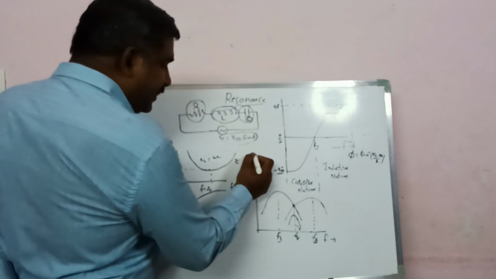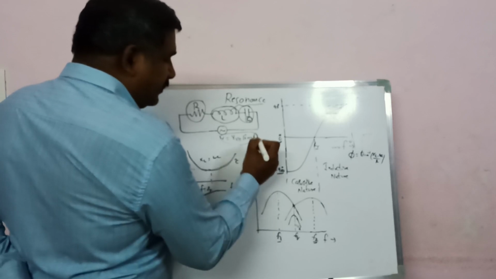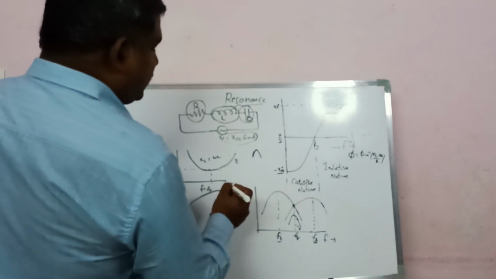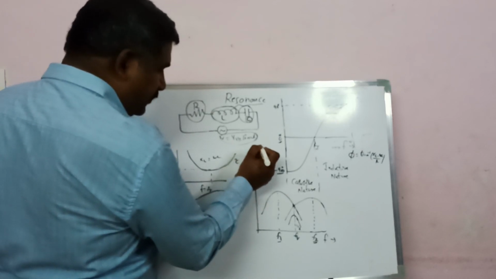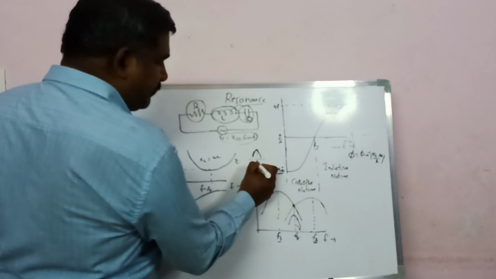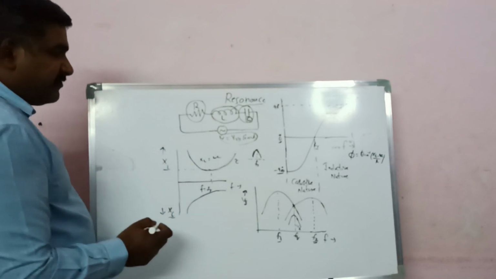that is the selectivity. Selectivity plays a vital role in resonance. This is otherwise called sharpness. So this is my sharp frequency where the resonant frequency can be obtained. Sharpness will vary when you vary the value of the resistance.